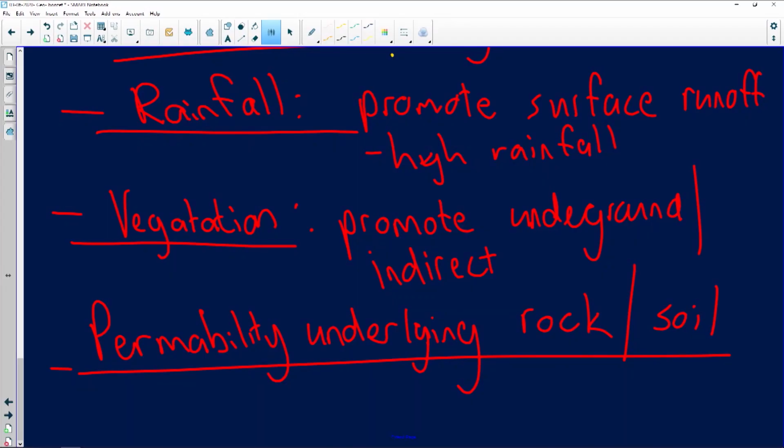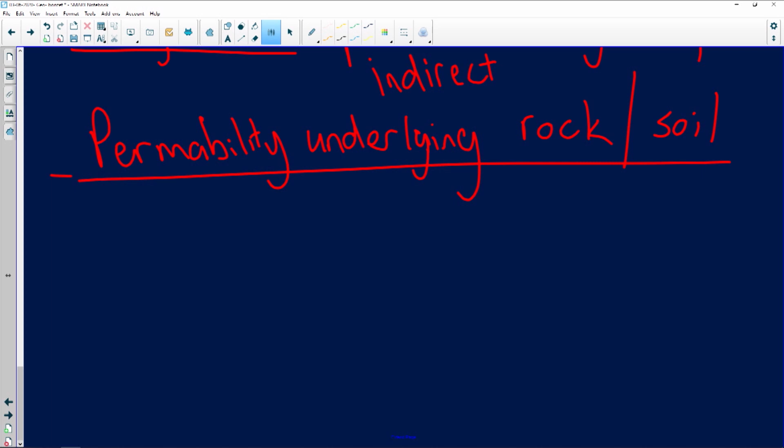Let's write it down, make notes. Okay, permeable allows water to infiltrate.